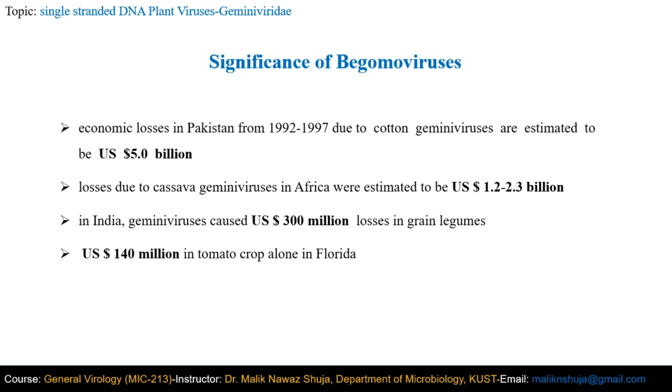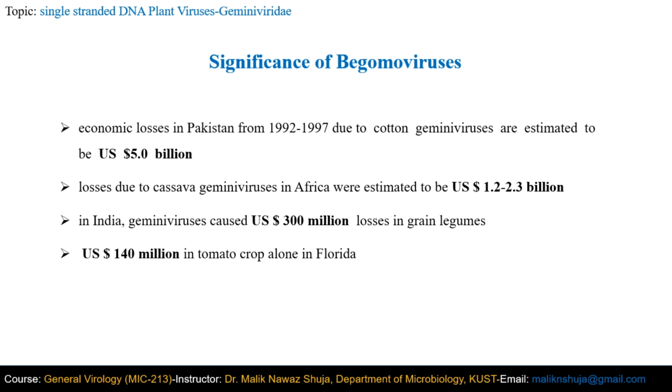Similarly, if we are talking about cassava mosaic virus, which also belongs to the family Geminiviridae, in Africa it produced losses of 1.2 to 2.3 billion dollars. The circle of losses is not limited to Pakistan and Africa, but some other nations of the world have also reported significant losses.